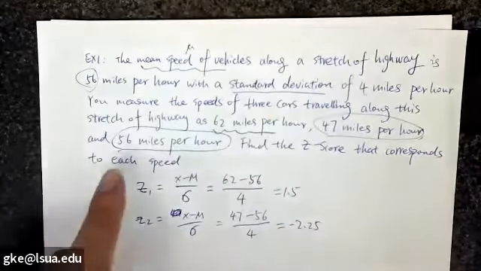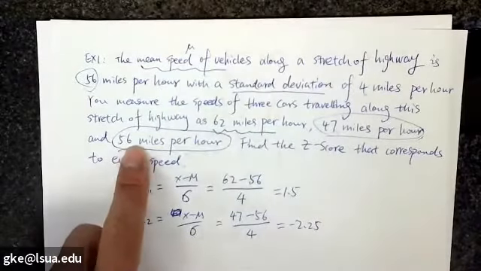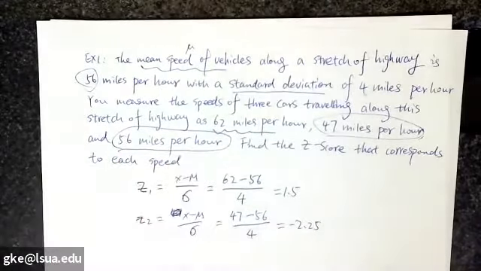Now try the third one by yourself. Calculate the z-score for 56 miles per hour. Okay, I'll give you roughly 1 minute. Try it.